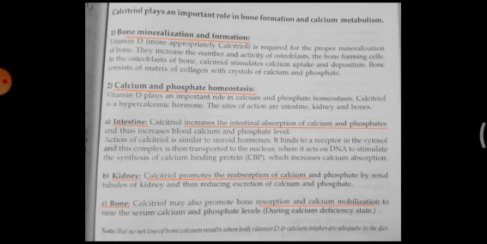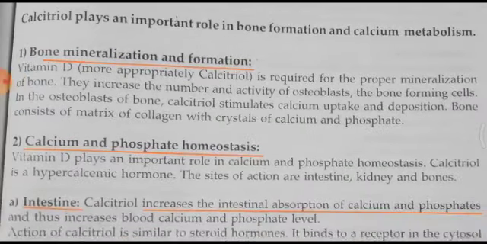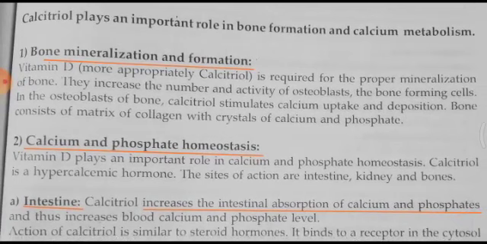Next we are going to discuss the function of vitamin D in the body. Calcitriol plays an important role in bone formation and bone calcium metabolism. The few important functions of vitamin D: one, bone mineralization and formation. Vitamin D is required for proper mineralization of bone. It increases the number and activity of osteoblasts, the bone-forming cells.